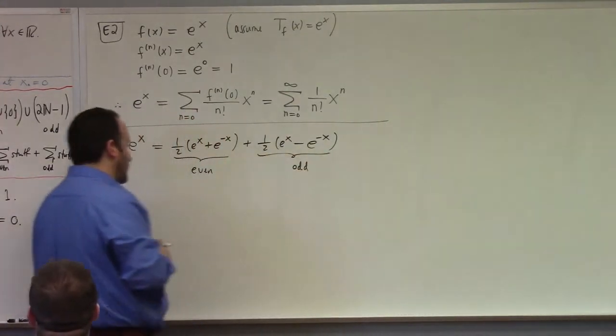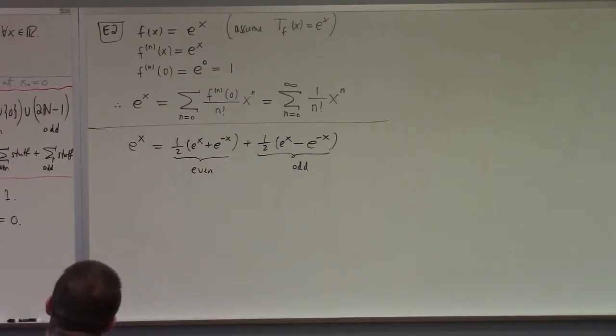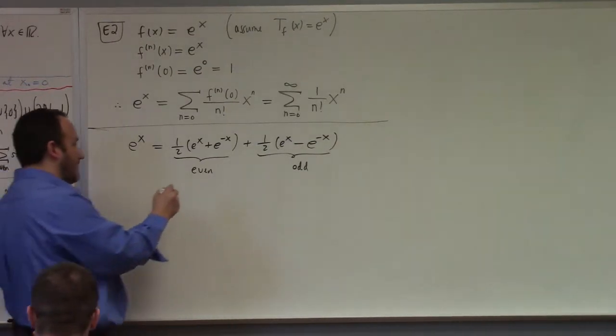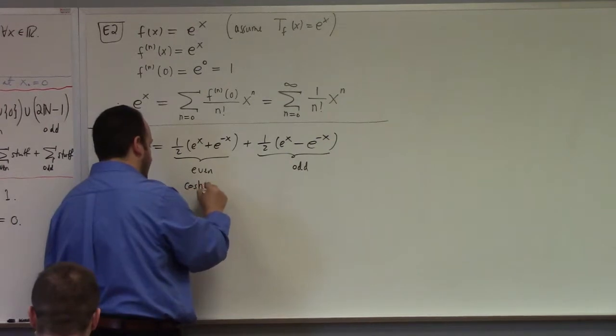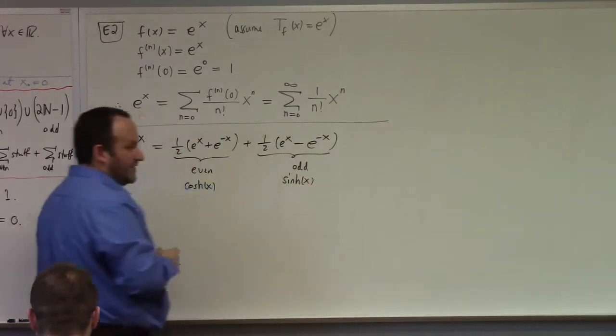And I told you we can take any function with a domain which is symmetric about the origin, and decompose it into the sum of an even and an odd function. For the exponential function, the even function is what we call hyperbolic cosine. The odd function is what we call hyperbolic sine. That is by definition sinh, and that is by definition cosh.